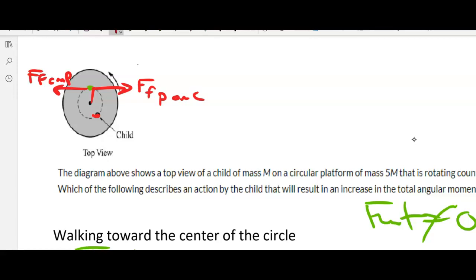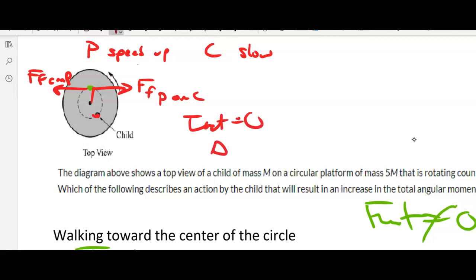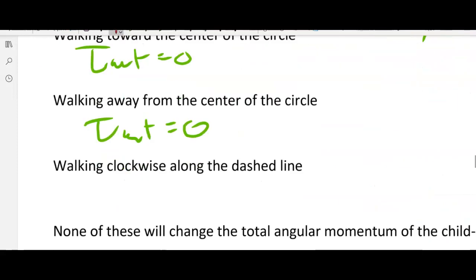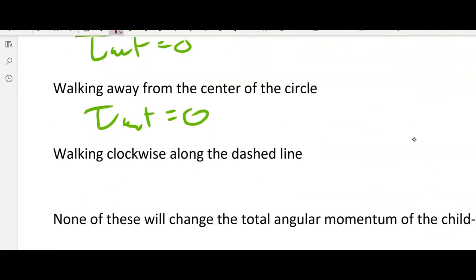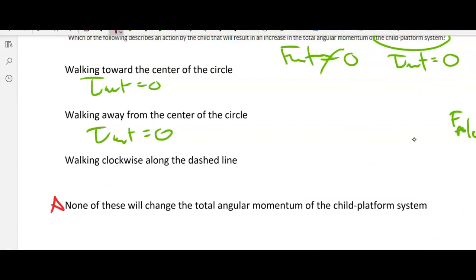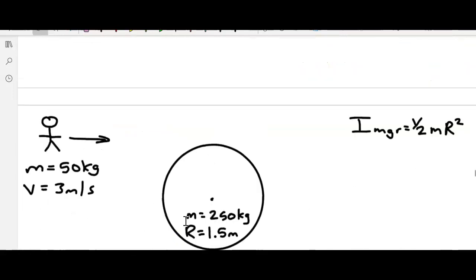So if I had force of friction to the left, that's going to make the platform speed up. And then this would make the child slow down angularly. But again, these torques cancel out, so torque net equals 0. So change in angular momentum has to be 0. Okay, so this also wouldn't do that. So none of these would actually change the angular momentum. If you really focus on forces, that's going to be the huge aspect that's going to help you there.